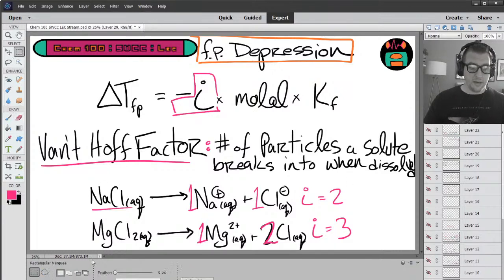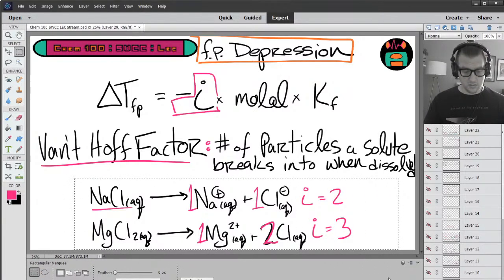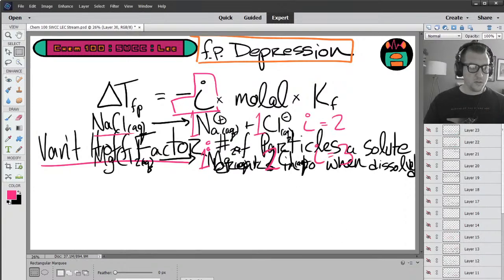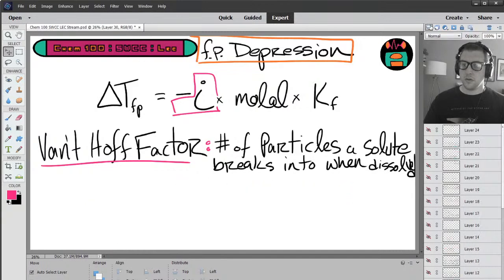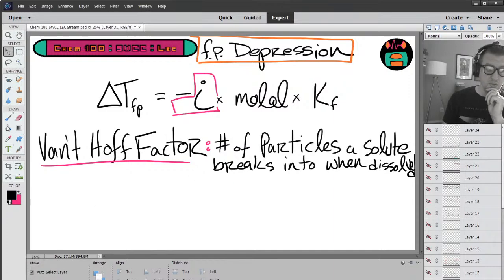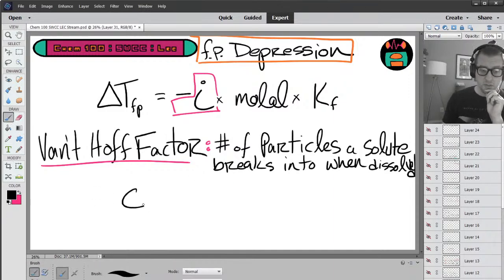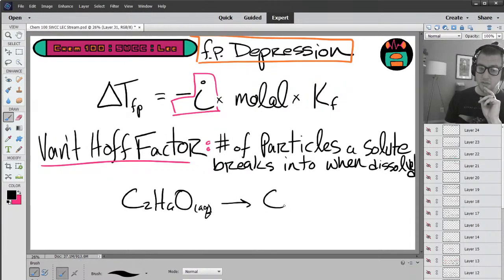Something worth noting is that's for ionic compounds. Covalent compounds, for example, ethanol, do not break down. Only aqueous ionic compounds do. So aqueous ethanol doesn't break into any particles. It's just aqueous ethanol.